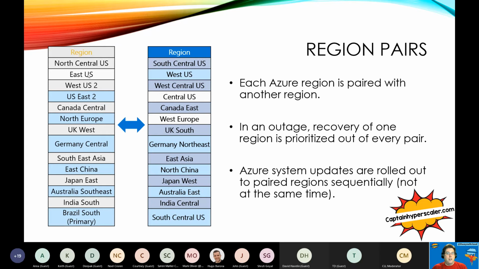So you could cause a failed application if East US goes into an update cycle, because West US is also going through an update cycle. So it's important to know these regions and understand, if I'm using East US, I want to use West US as my paired region, because they aren't going to have system updates at the same time.